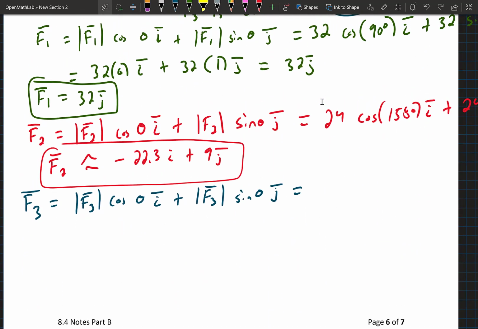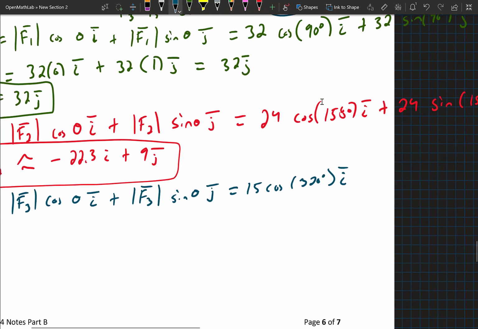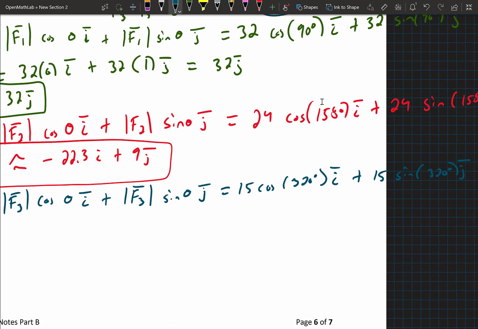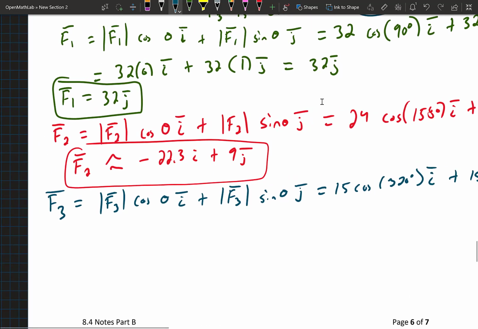So this is 15 times cosine of 320 degrees times vector i plus 15 sine of 320 degrees times vector j, which is approximately 11.5i minus 9.6j. Again, just round to the nearest tenth.